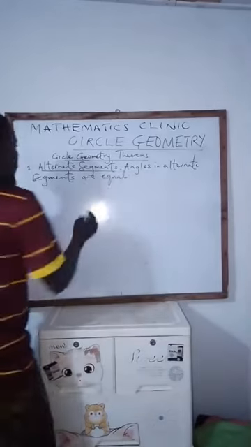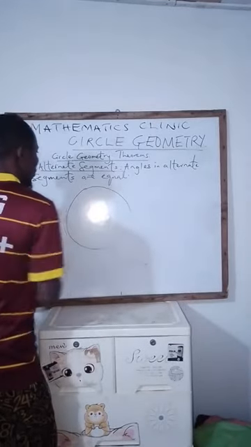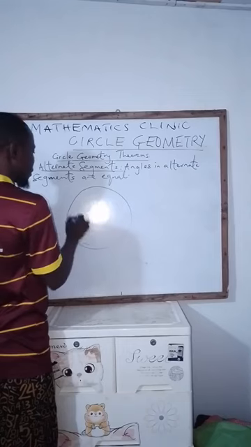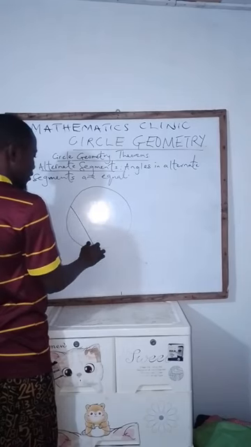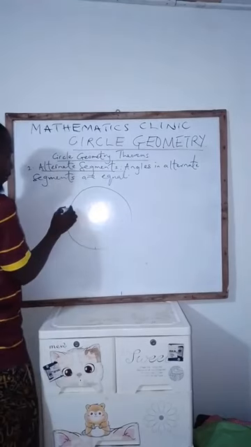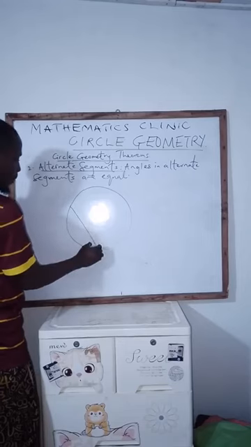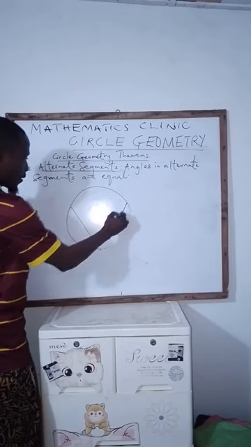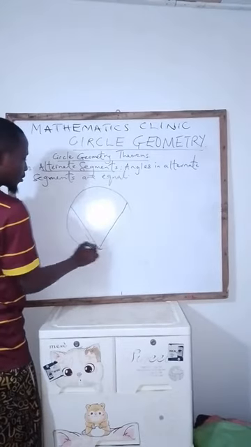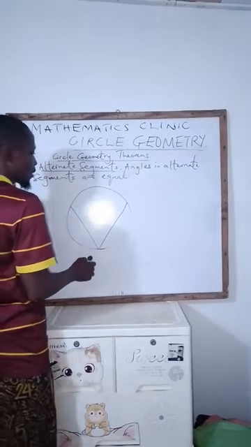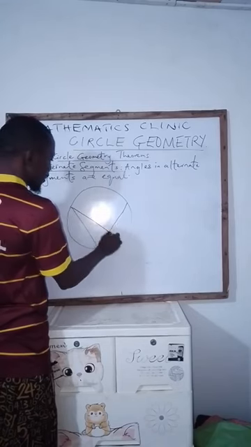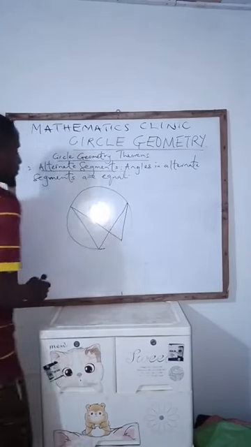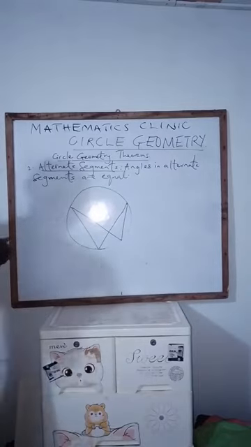What I'm talking about: if I have my circle and I have the center of the circle like this, remember I said the other time, a chord will touch 2 points on the circumference but will not pass through the center.